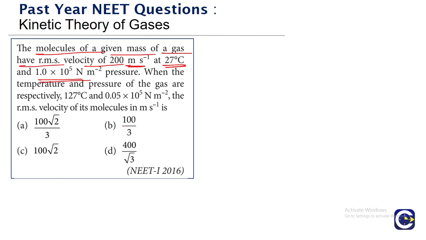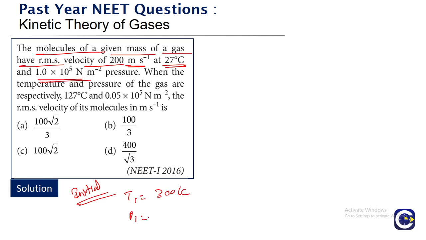So at the initial condition, what is the temperature? 27 means in terms of Kelvin, 27 plus 273, that is 300 Kelvin. Pressure is 1 into 10 power 5 pascals. Newton per meter square means pascal. At this, the RMS speed is 200 meter per second.